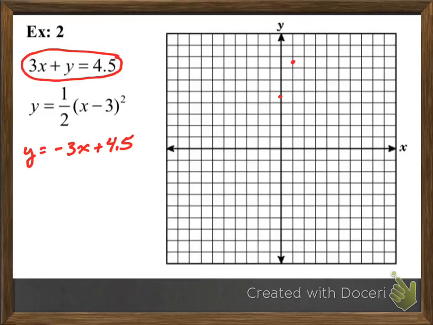We can also go down 3 and to the left 1, and that point is also going to be on the line. All right, so sketching the line, it's going to look like this.